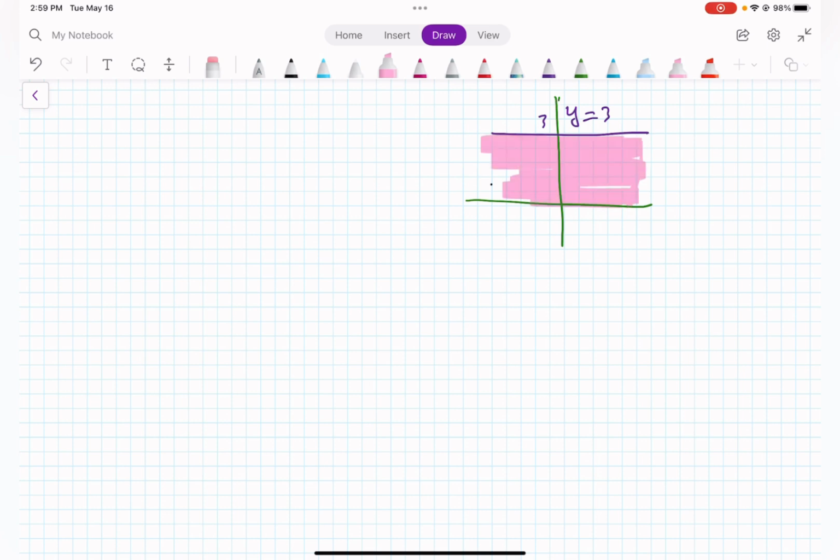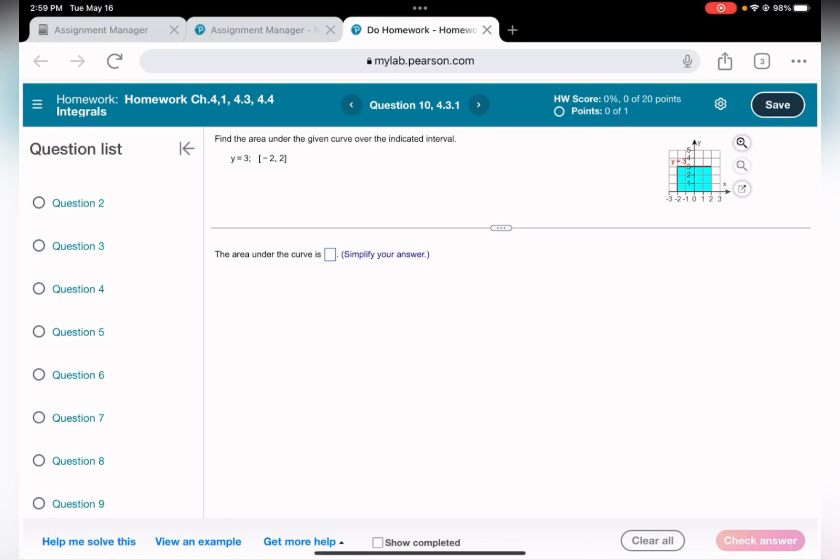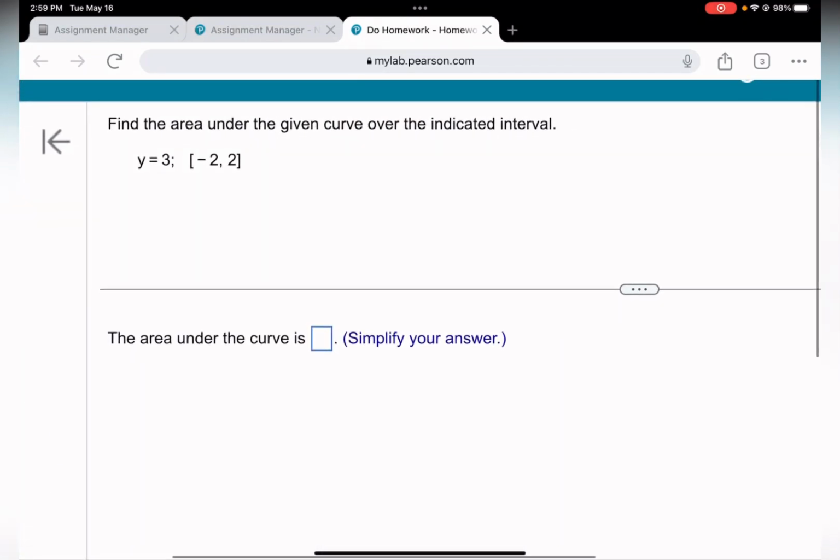Area under y is equal 3, and it's limited by x is negative 2 and positive 2. Yes, here it is. X is between negative 2 and positive 2, since it's a square bracket, negative 2 and positive 2 are included.